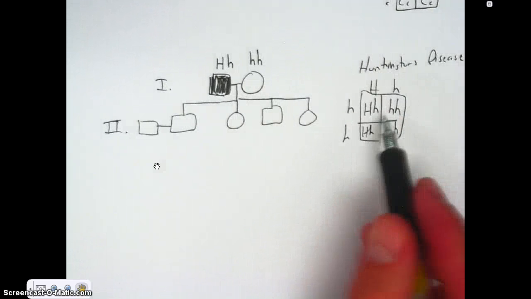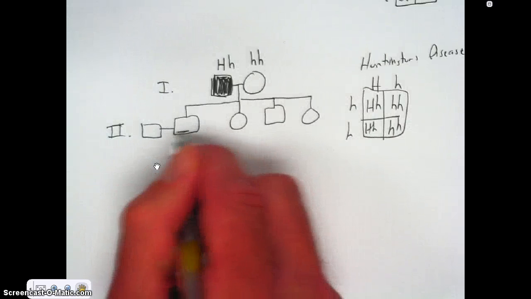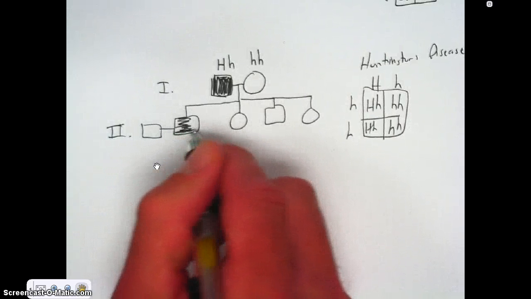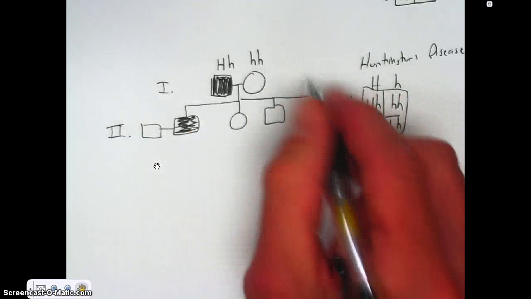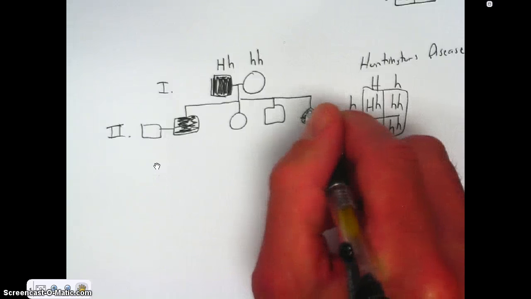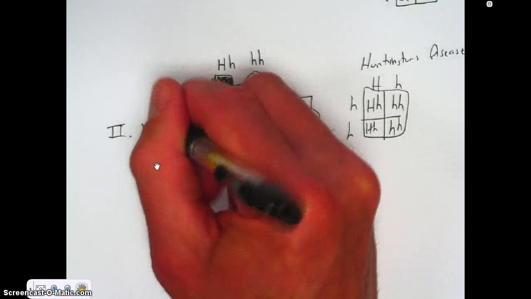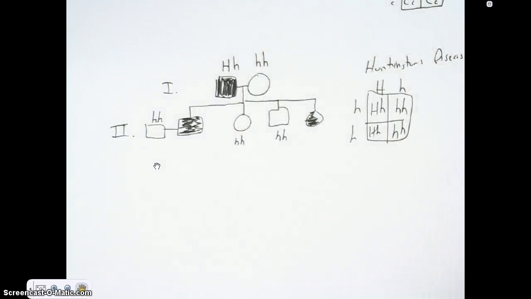All he has to do is give that big H to one of the children, and they're going to have the disease. So we're going to shade in him, he ends up getting Huntington's disease, and we'll say that she also ends up getting Huntington's disease. This person right here is little h, this person here is little h, and this person is little h.